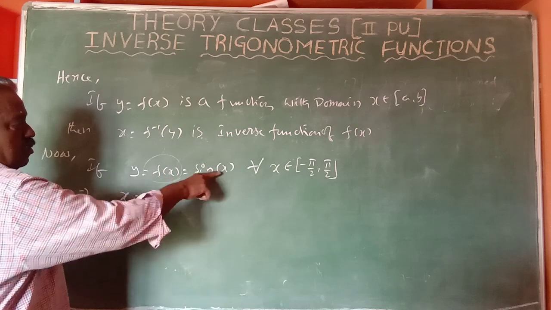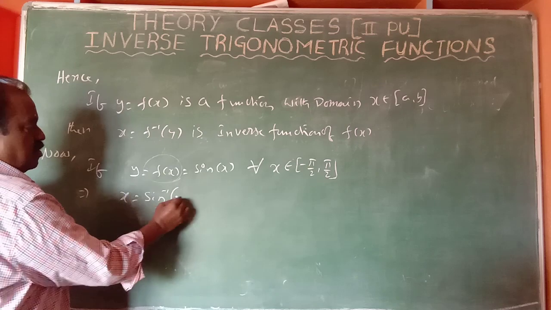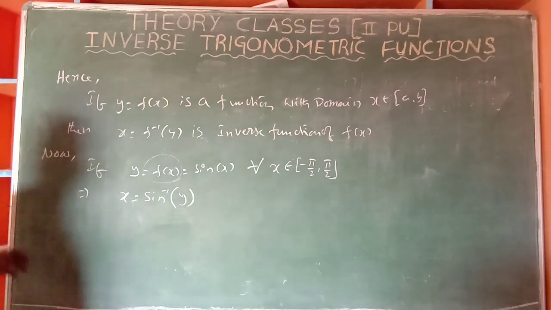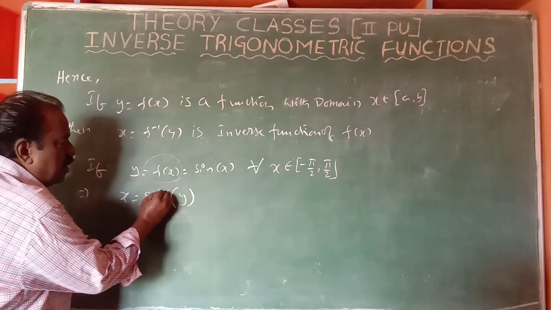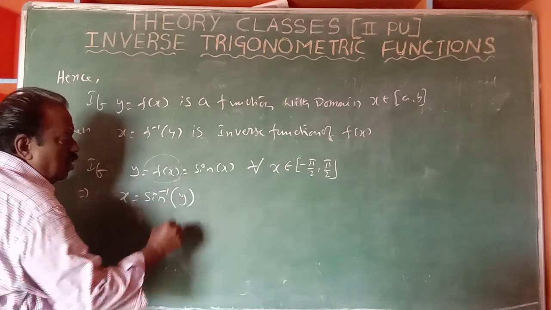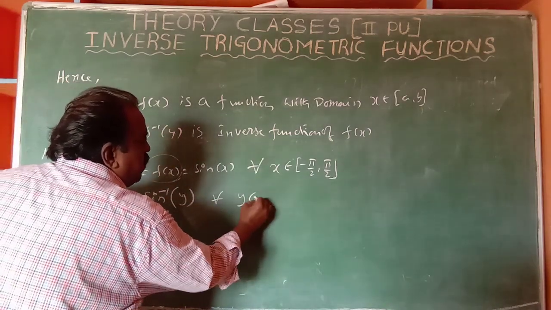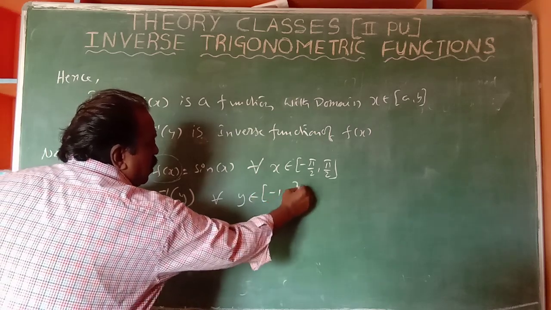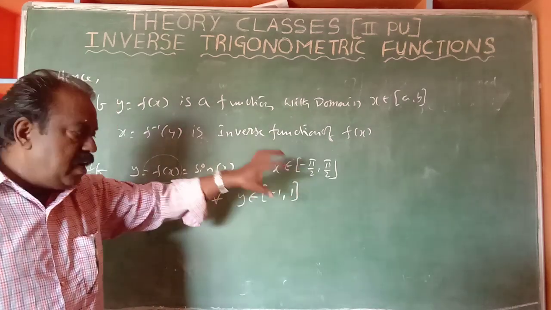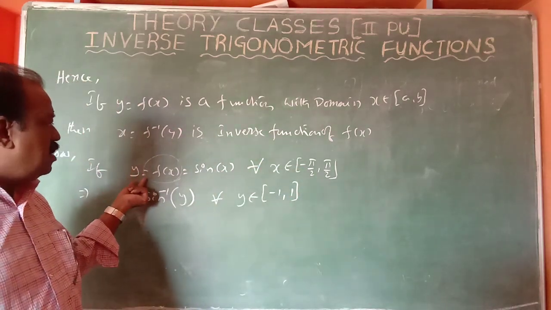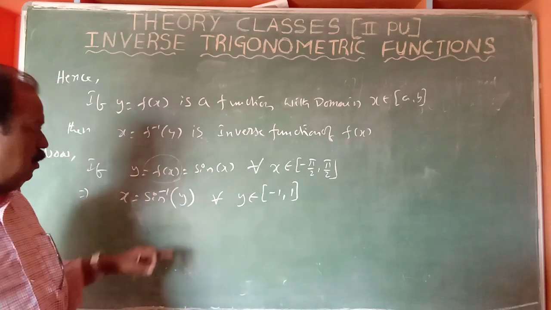Then x is equal to, this sin comes to this side, sin inverse y. Will you agree? So x in terms of y is sin inverse of y, where y belongs to minus 1 comma 1. If you are unable to catch this one, you simply leave it out. Later we will discuss. The main thing is y is equal to sin x, then x is equal to sin inverse y. That is important.